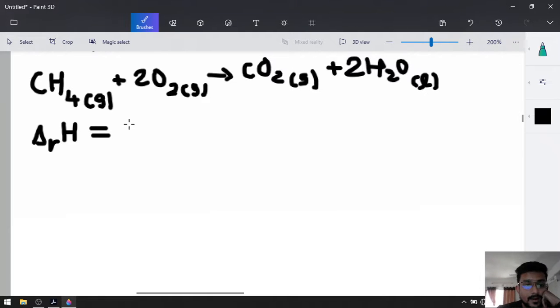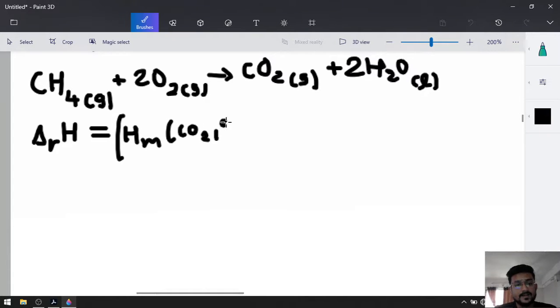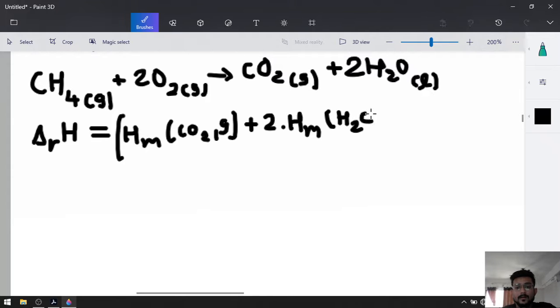That is, Hm, the molar enthalpy of CO2, in a gaseous state, plus there are 2 moles of H2O, so 2 into the molar enthalpy of H2O, in a liquid state.